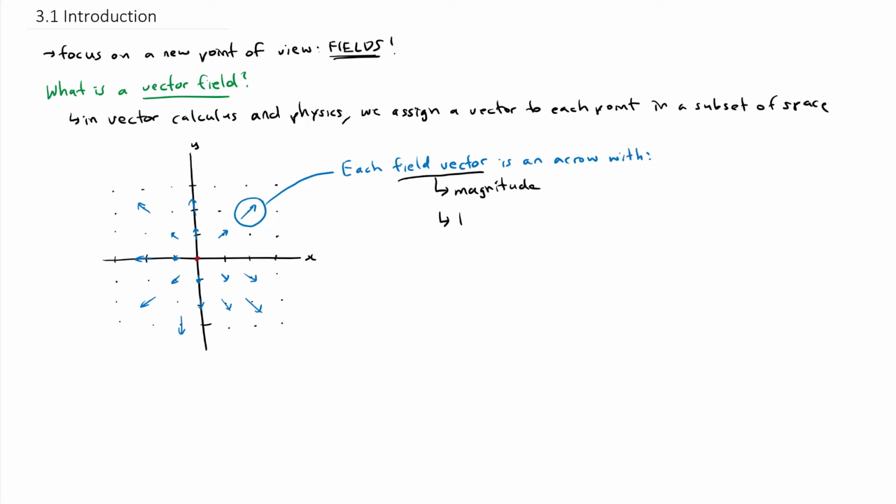It has magnitude and length, as well as direction. So that's what makes it a vector. It's also very useful in observing different physical phenomena.